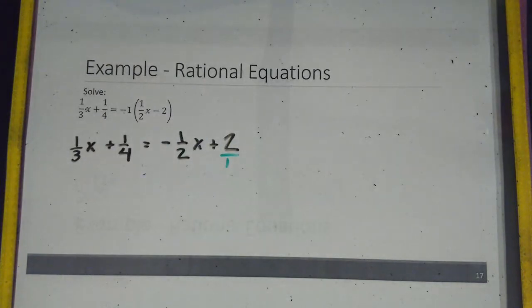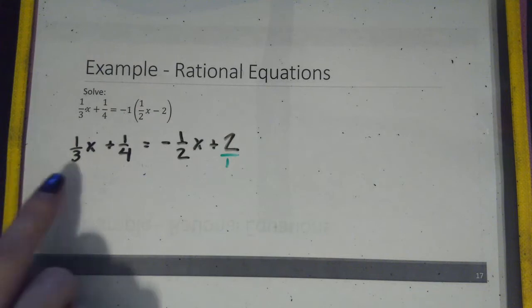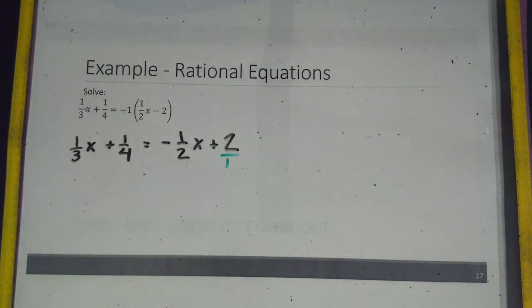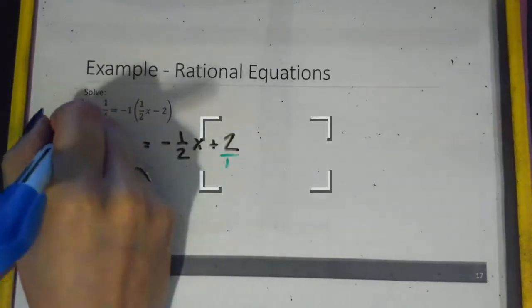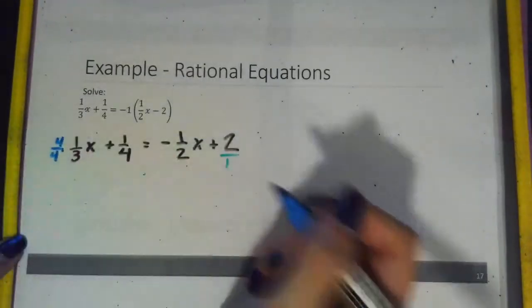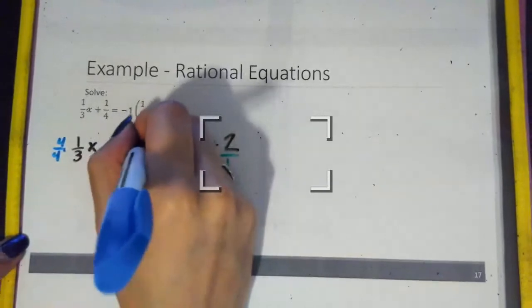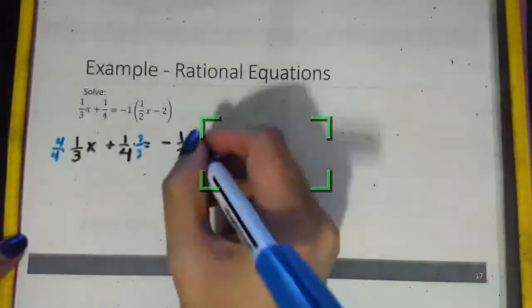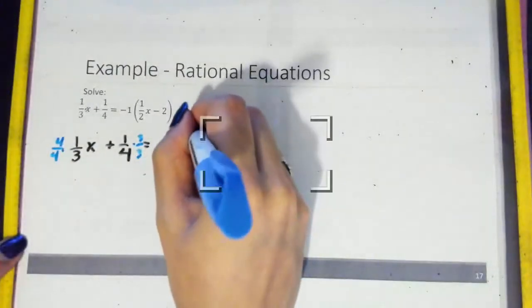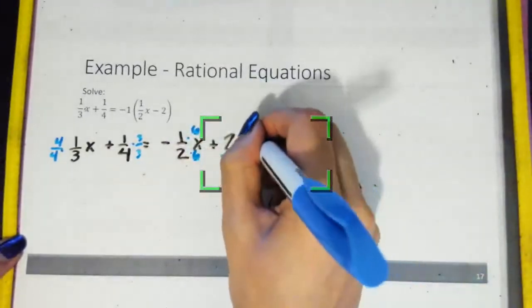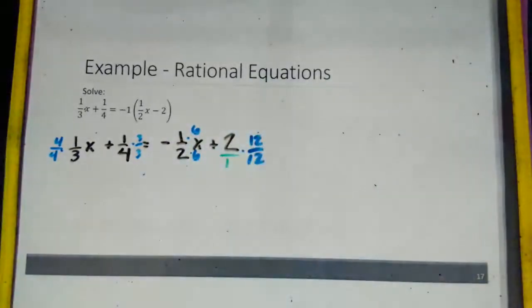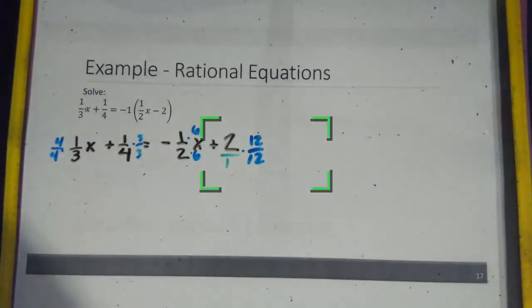The smallest number I can think of that is divisible by 3, 4, 2, and 1 is 12. So this first fraction I'm going to multiply by 4 over 4. My 1/4 I'm going to multiply by 3 over 3. My -1/2 I'm going to multiply by 6 over 6. And my 2 over 1 I'm going to multiply by 12 over 12. And we'll see what happens there.